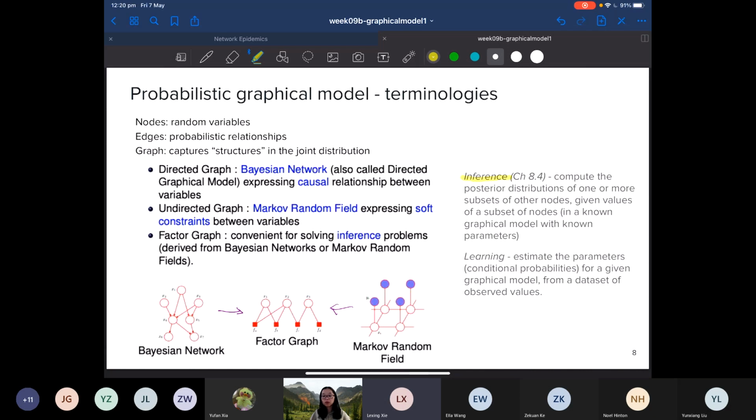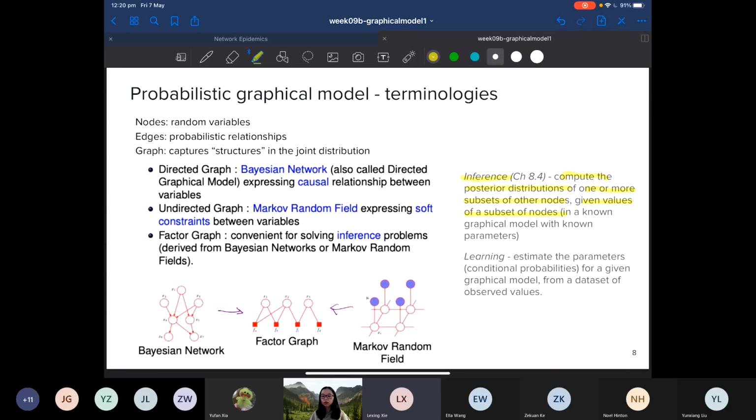Well, for the purpose of this particular chapter and for most of the Bishop book, we're going to assume that inference is the process of computing the posterior distribution of one or more subsets of nodes. It might be conditioned on values of another subset of nodes, right?